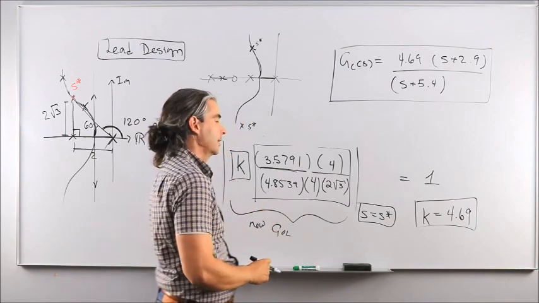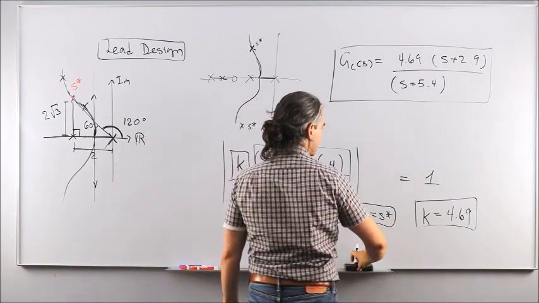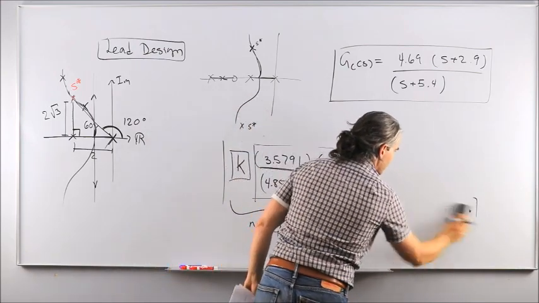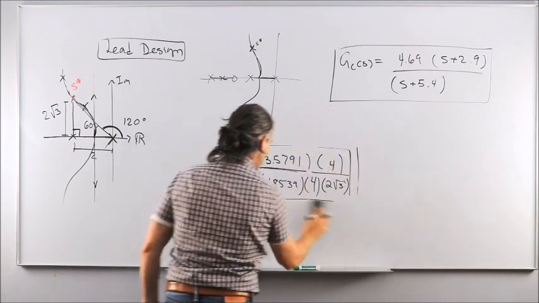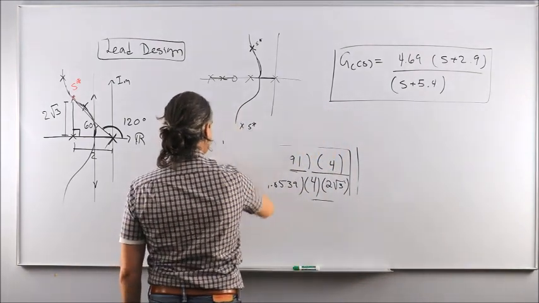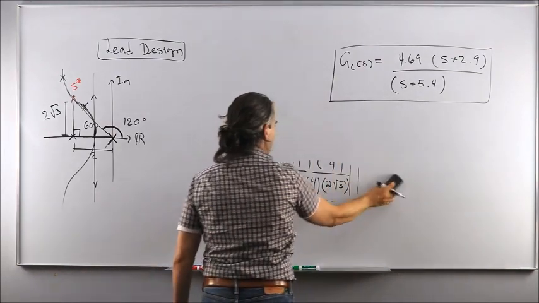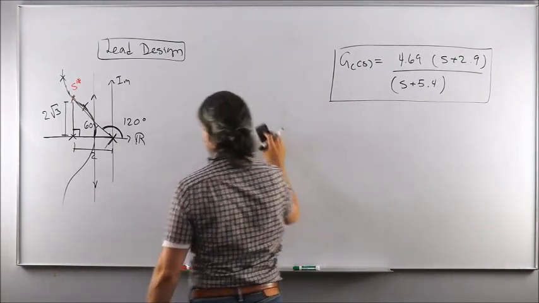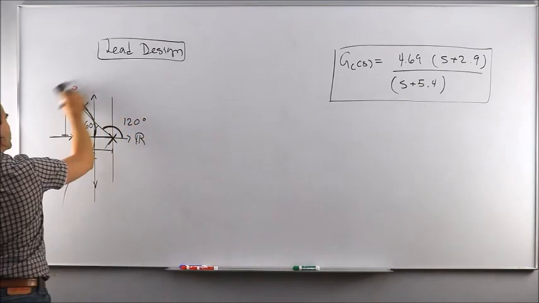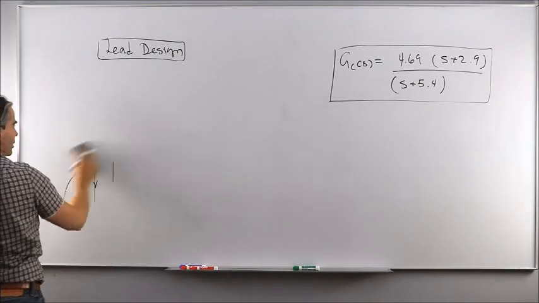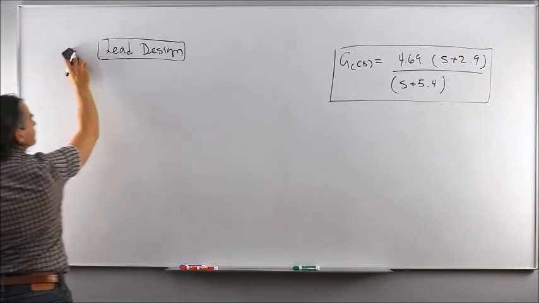And that's it. Okay? This is it. So this is how to design a phase lead compensator. And as a result, you have improved your stabilization time and you have made the things more stable because everything was pushed further to the left, which is always good in a complex plane.